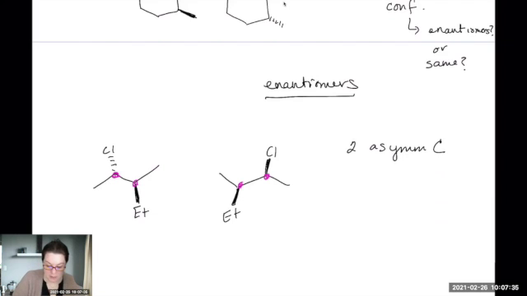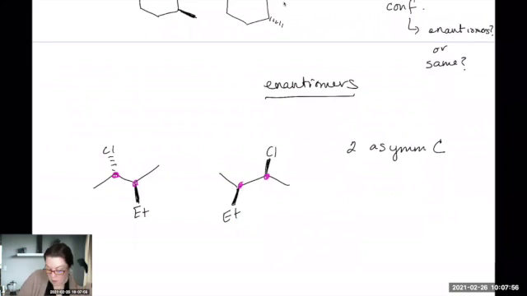No, they are not. Let me say that a different way. On the one on the right, you see they're both wedged. On the one on the left, one is wedged and one is dashed. So there's a difference in the relative stereochemistry.